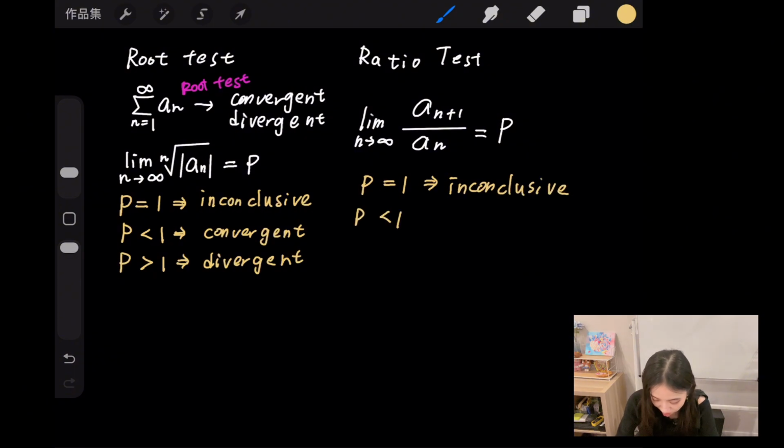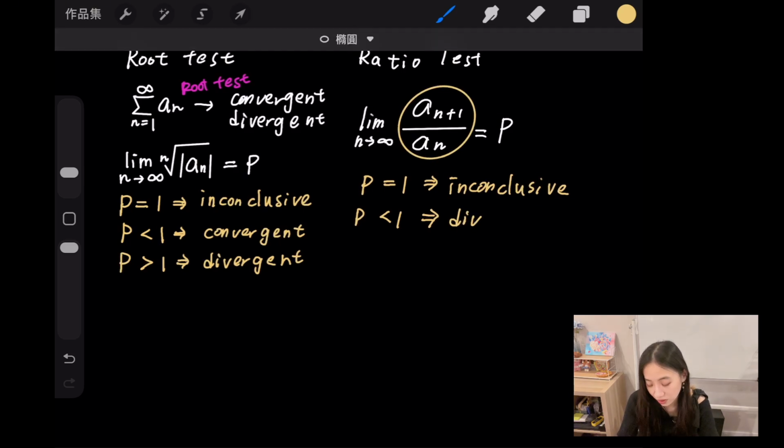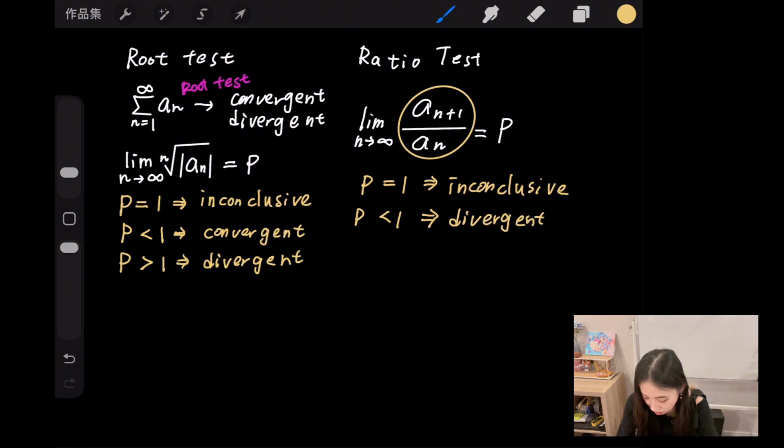And if p is less than 1, it's going to be convergent. If p is greater than 1, it's going to be divergent. Sorry, I don't know what I was talking about.